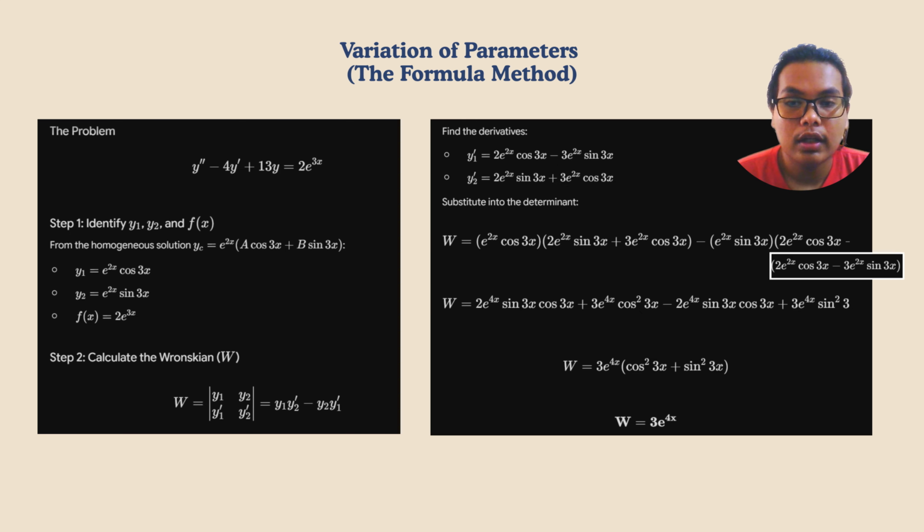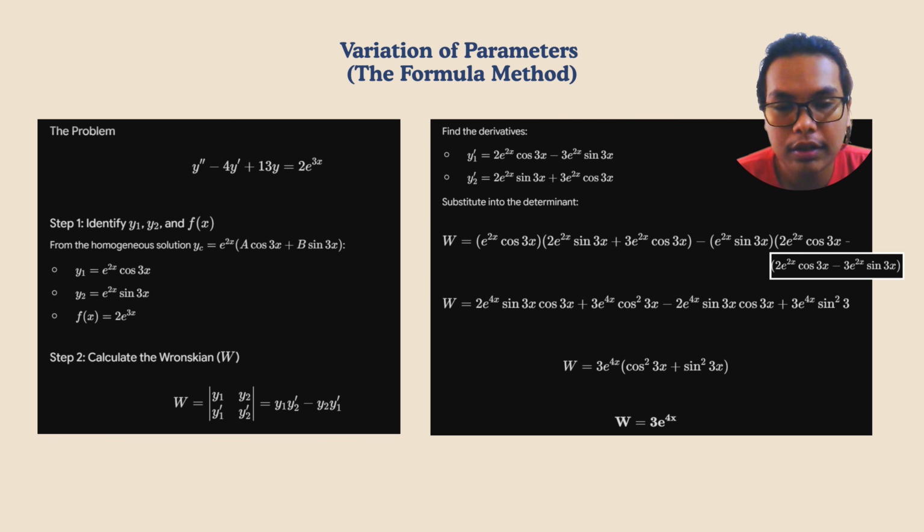Then we will calculate using the Wronskian method, which is the matrix method. W equals the matrix of y1, y2, y prime 1, and y prime 2.